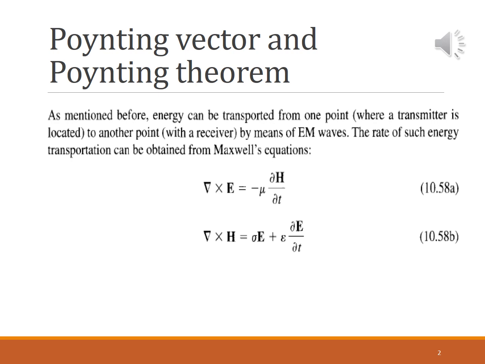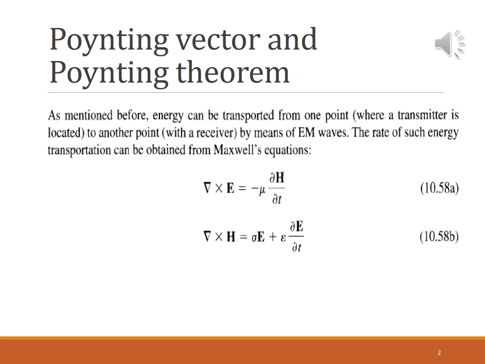When an electric and a magnetic field interact, it results in an electromagnetic wave. And as we all know, when an electromagnetic wave propagates from one point to another, some amount of energy is transported. That is, energy can be transported from one point where the transmitter is located to another point where you have the receiver by means of electromagnetic waves.